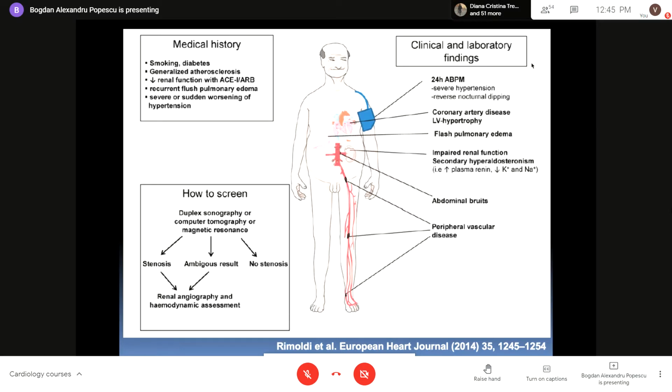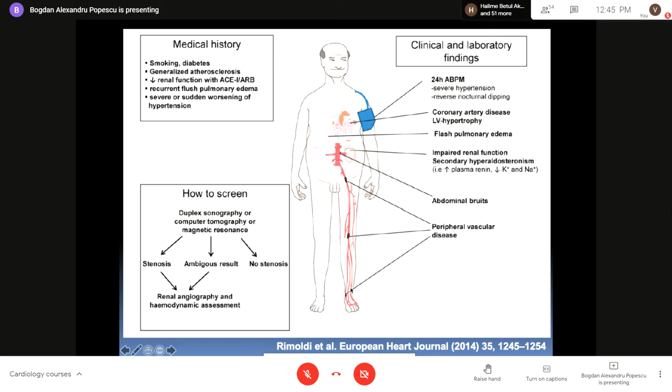So this is again a nice diagram where you see some of the features in such cases. So you have some suspicion, you see impaired renal function, you may have abdominal bruits, murmurs that are related to the renal artery stenosis.